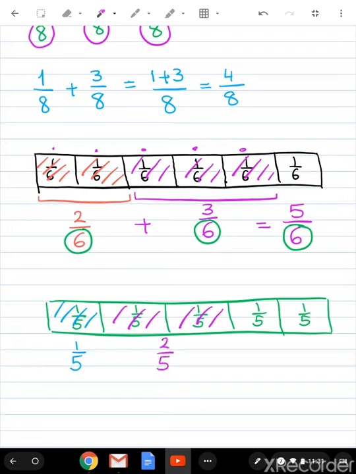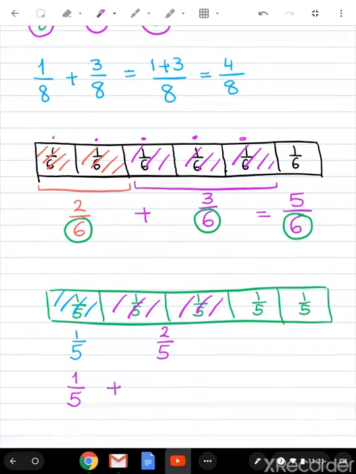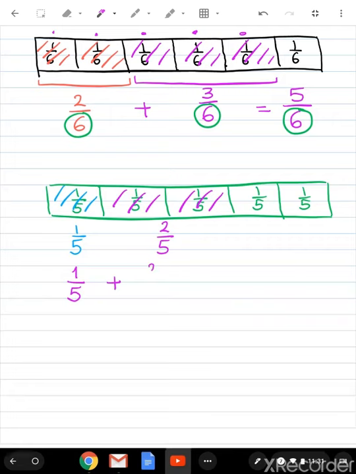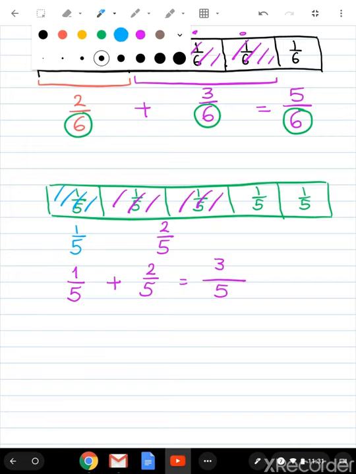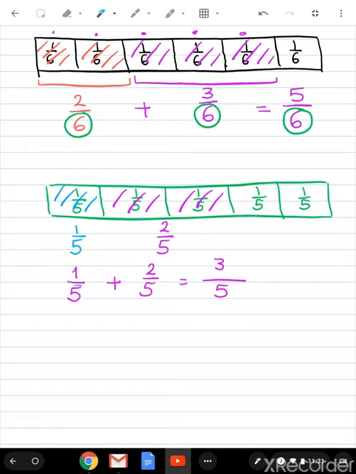What will we have as a total, or what is the sum, when we add 1 out of 5 plus 2 out of 5? The total shaded parts will be 3 out of 5. We kept the denominator the same and we added only the numerator.